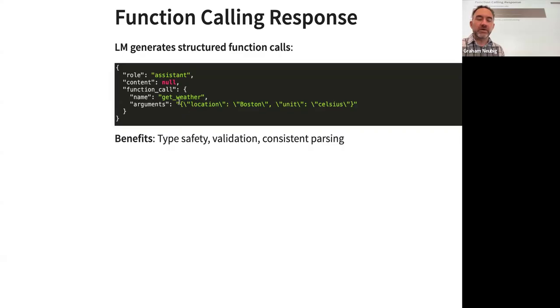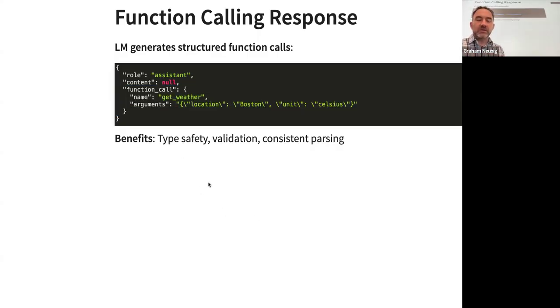It will look a bit like this. The content might be null. This is typically the output of the text that the language model generates, but the function call is not null. What that means is your system should take the function call and execute it, essentially.